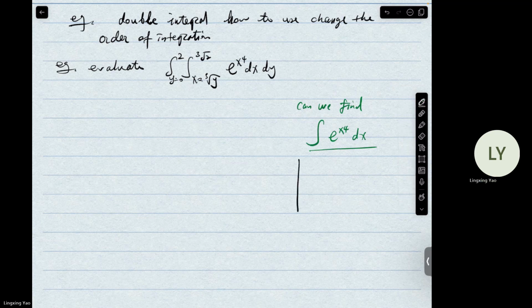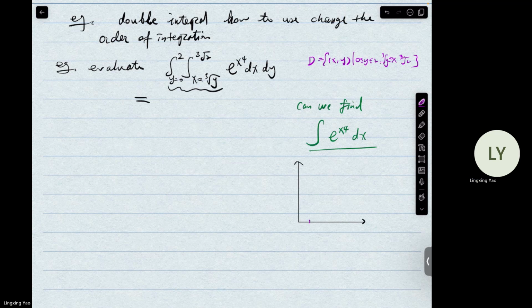And also, we should note, according to how this iterated integral is set up, you can see this domain D in the original form is for y between 0 and 2, and x is between cubic root of y and cubic root of 2.